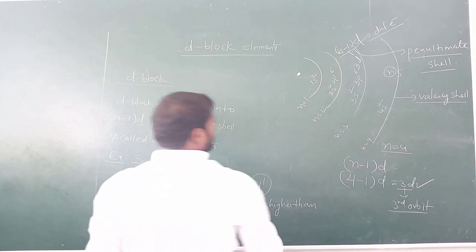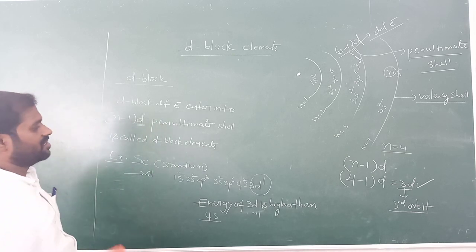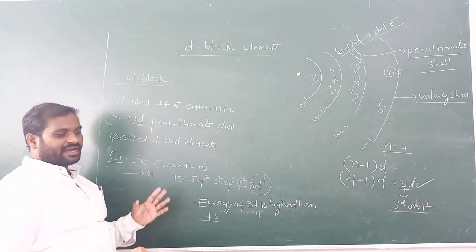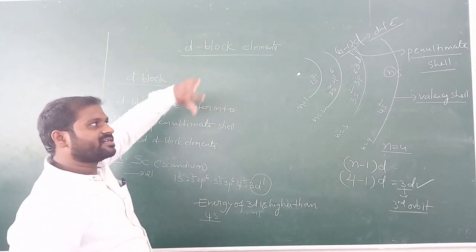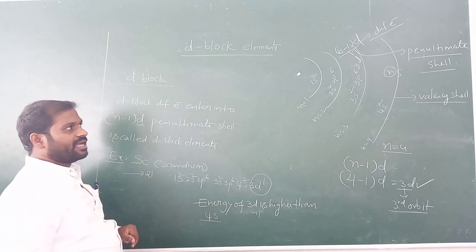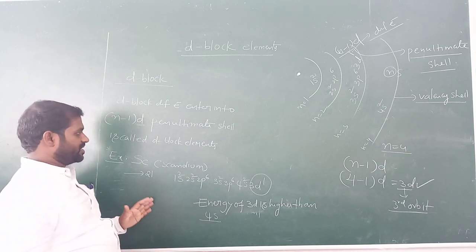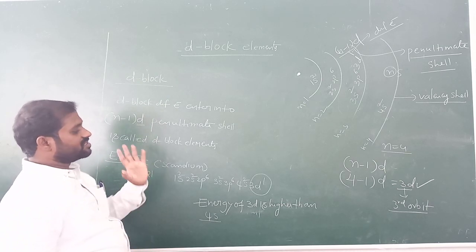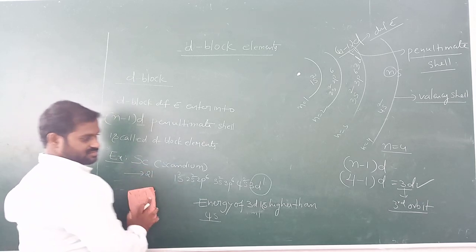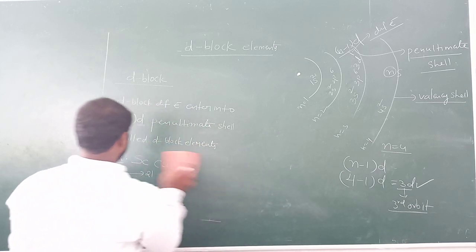Everyone? So that means in the case of d block elements, the differentiating electron enters into the n-1 d shell, the n-1 d subshell. Okay, clear? So now scandium is called a d block element. Clear, all of you?